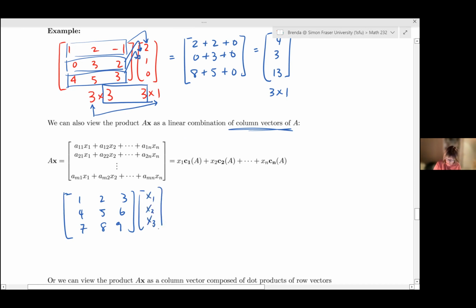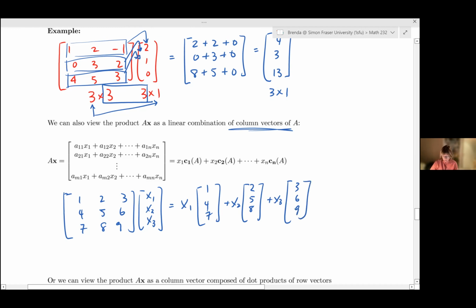Right now, these could be numbers, but they're just not specified. So we're thinking of this as some amount x1 of column 1 plus some amount x2 of column 2, some amount of column 3. Okay, that's another way. So those are the columns, and then we take a certain amount of each one.